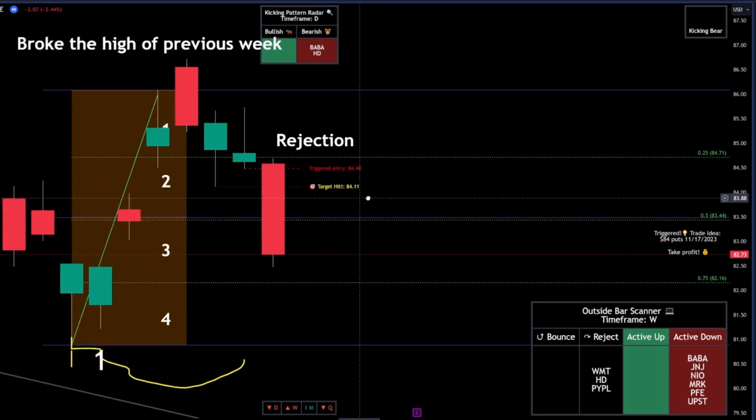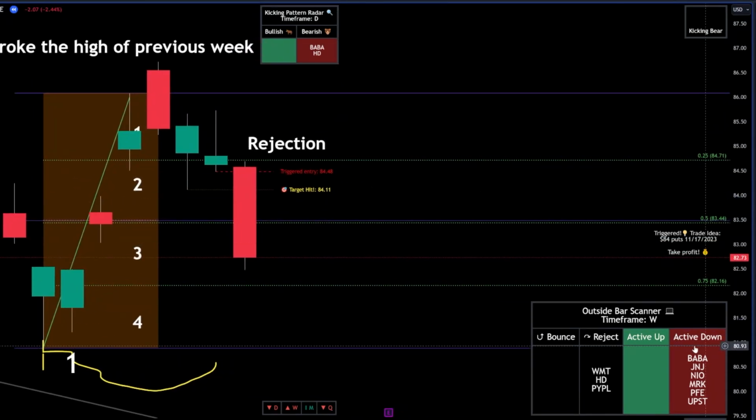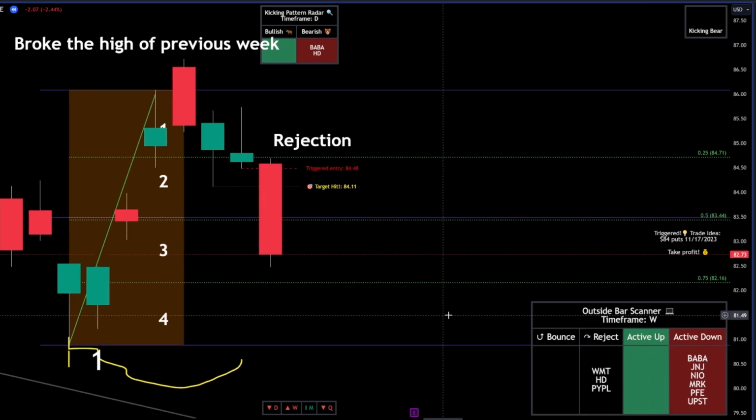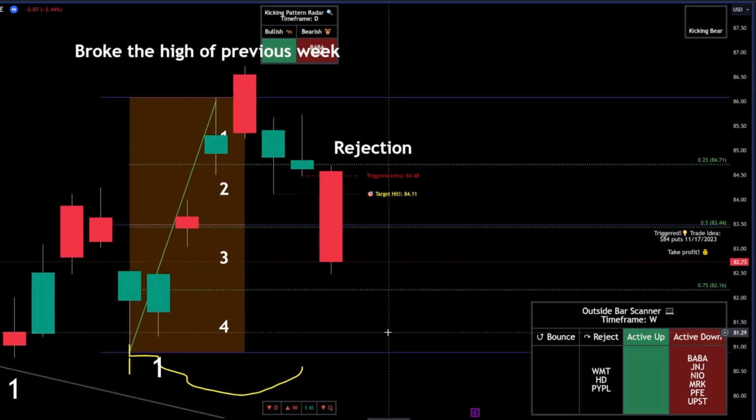But why it's important we have this outside bar is because with knowledge that the outside bar scanner is telling us BABA has a potential, especially because it's Thursday and Friday, we can potentially assume that tomorrow on Friday, we might be looking for BABA to come all the way down to 80.